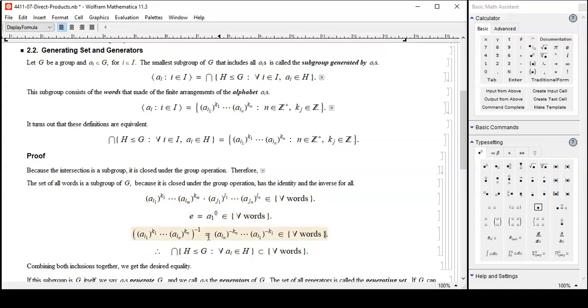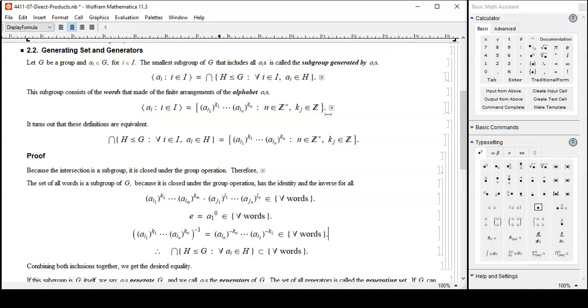If you apply the inverse formula, then negative power is distributed, but in reverse order. So negative kn power and the negative km power all the way up to negative k1 power, like that, in reverse order. But still, it's a repetition of the sequence, so it belongs to that set of all the words.